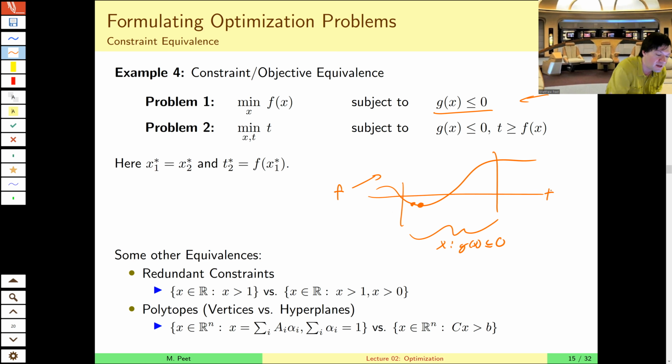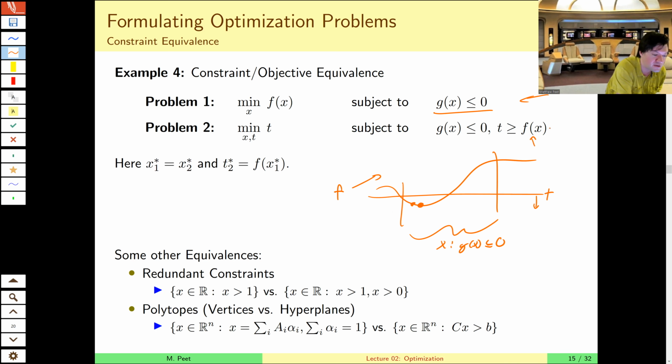So we can look for the minimum value of t, try to minimize t, subject to the constraint that t is greater than f of x for at least one point in the feasible set.